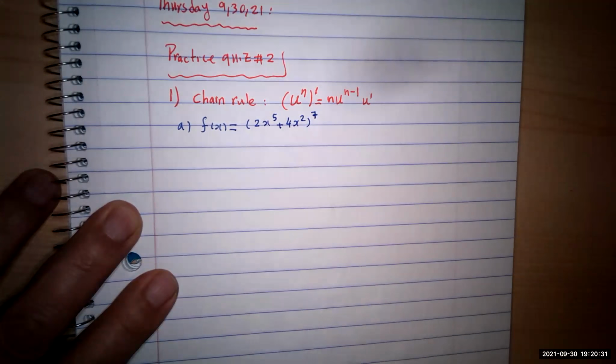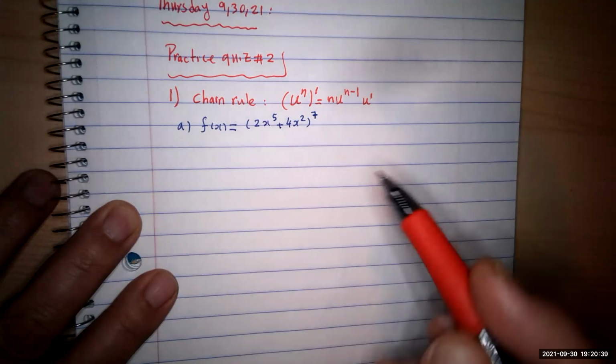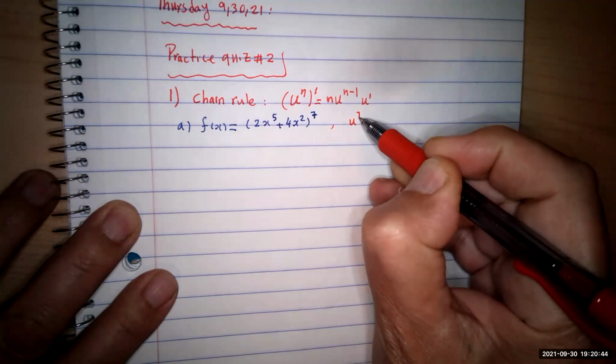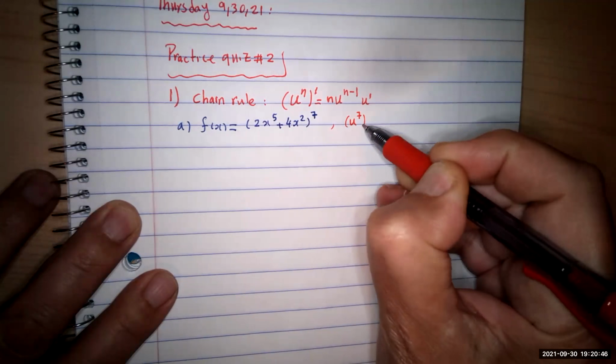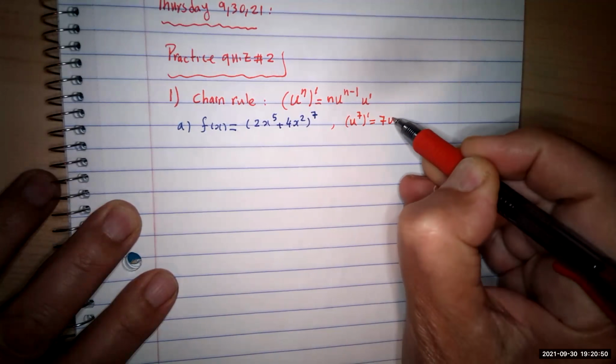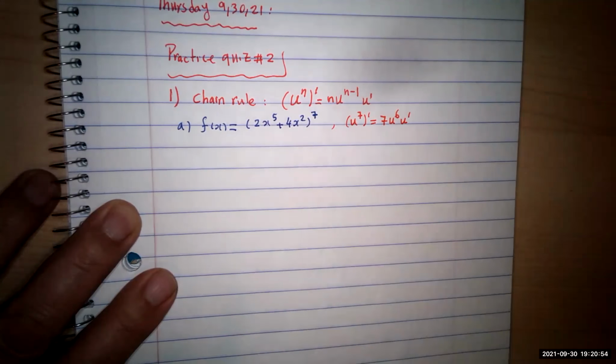So everything raised to a parenthesis must be done with the chain rule. We can make a formula for ourselves. This is like u to the 7. So you remind yourself that if I want to find the derivative of u to the 7, action of the power first, 7u to the 6, and then the u prime. This is not bad to remind yourself of the formula that you have to use.